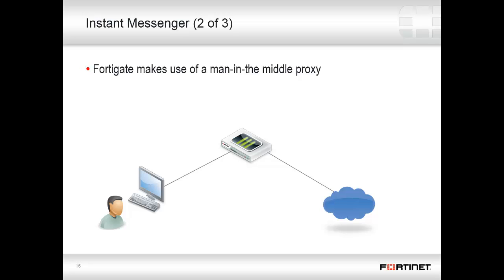With MSN, ICQ, AOL Instant Messenger, and Yahoo, the software is communicating with a FortiGate device, which is pretending to be the server. The FortiGate device then interfaces with the real servers, pretending to be the software. Application control is just a feature used to identify the traffic.